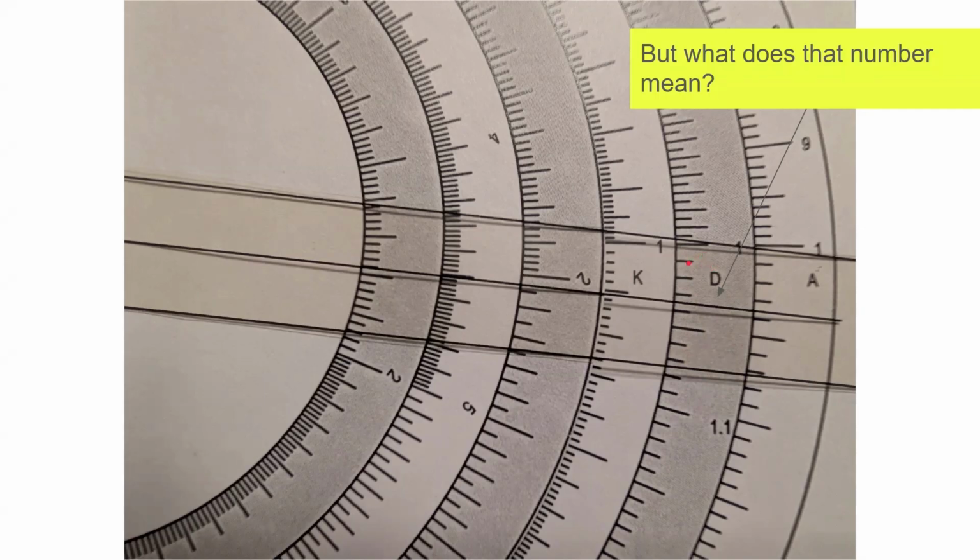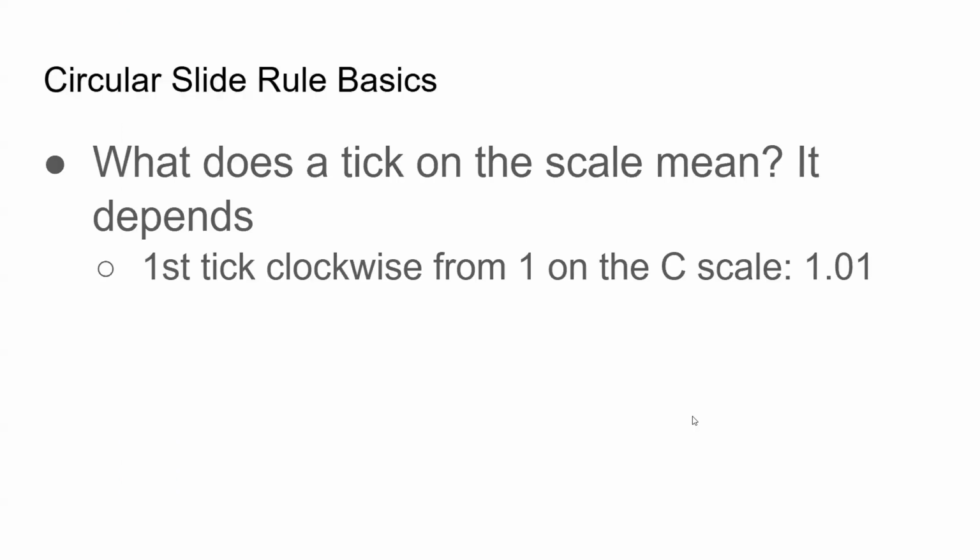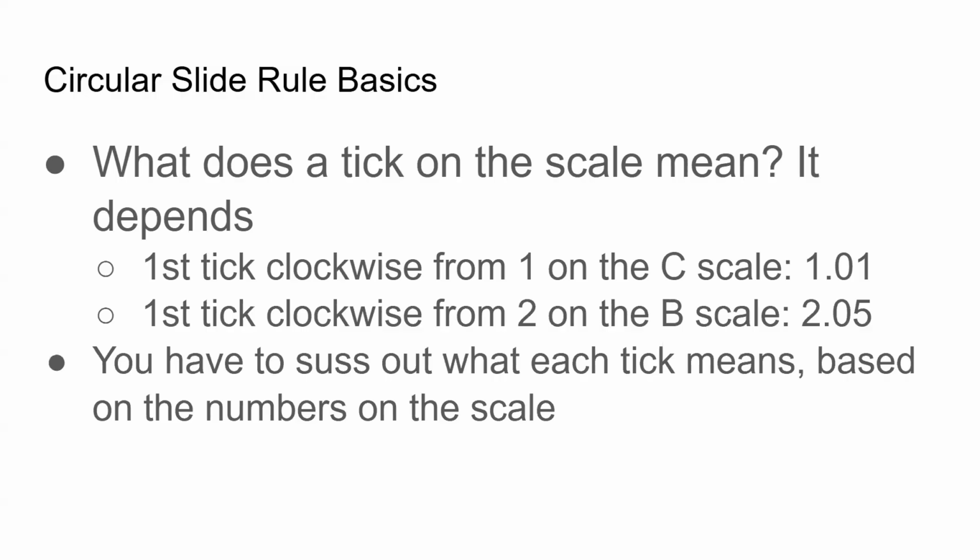So this would be 1.01, 1.02, 1.03, 1.04, 1.05, 1.06, 1.07, 1.08, 1.09, and finally 1.1. Okay, so you just have to be able to figure that out based on the numbers on the scale, how many ticks there are in between the two numbers.